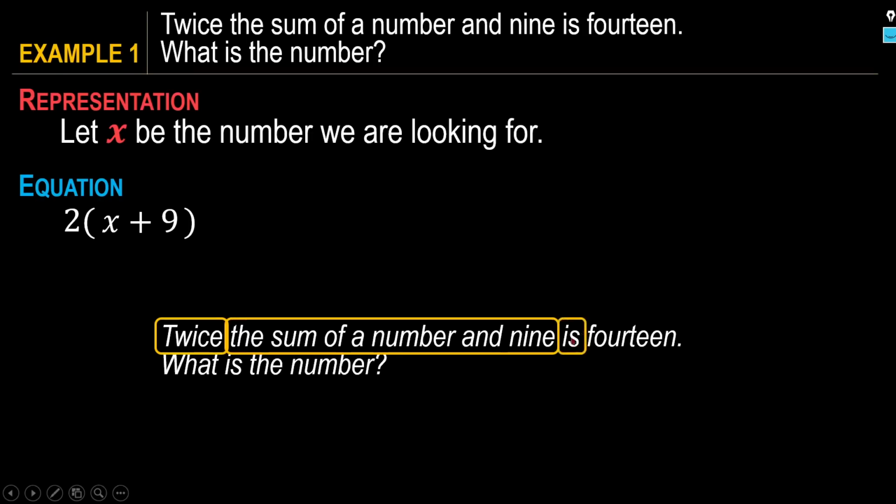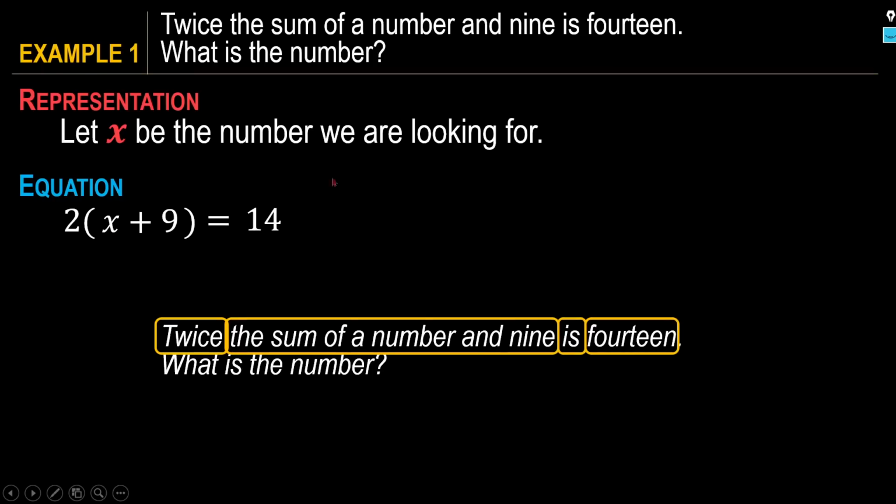Now, ito na itong simpleng word na to, is. Something as simple as the verb is ay napaka-importante sa ating problem. In fact, is means is equal to. Twice the sum of a number and 9 is. Kumbaga, that's the same as saying twice the sum of a number and 9 is equal to, what daw? 14. Of course, that will be the value on the other side of the equal sign.